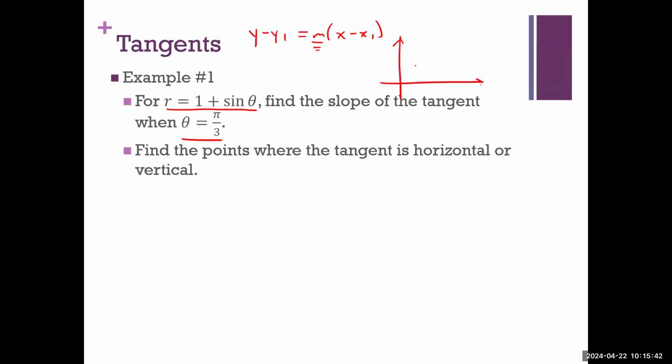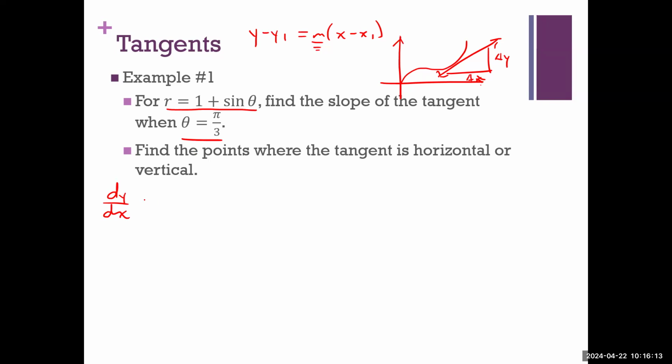If I'm talking about slope, one of the catchphrases you probably remember is rise over run. Basically, what is the change in y with respect to changes in x? Even though we're dealing with polar variables, we still want to find this variable dy/dx. That right there is our goal.